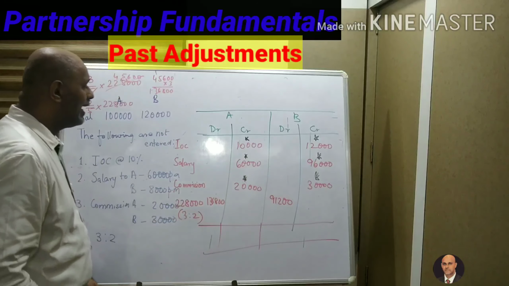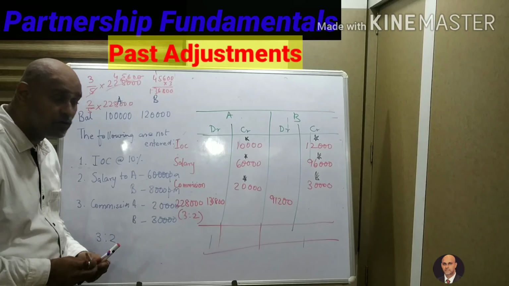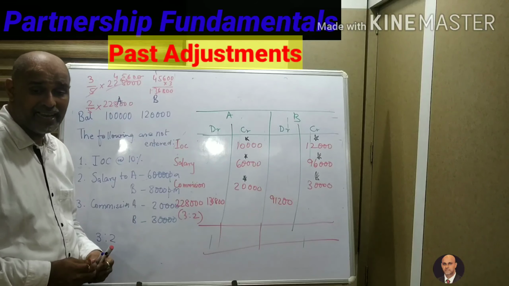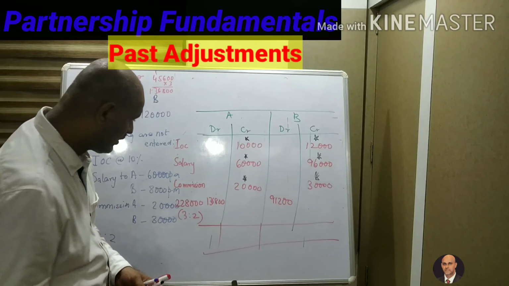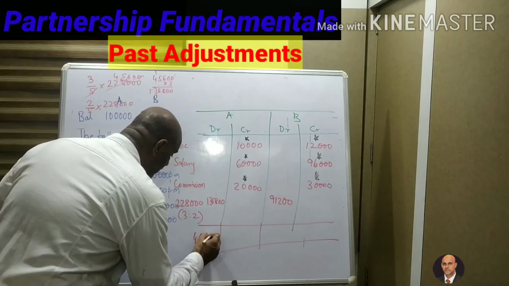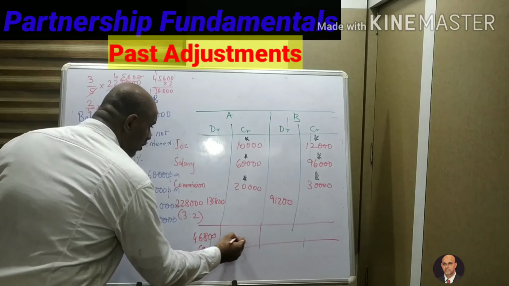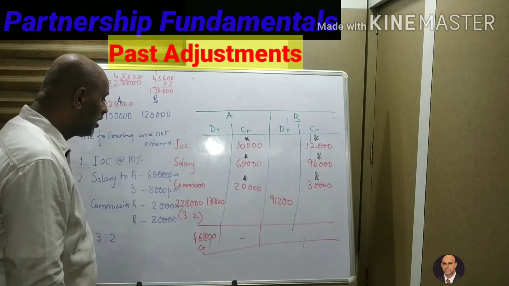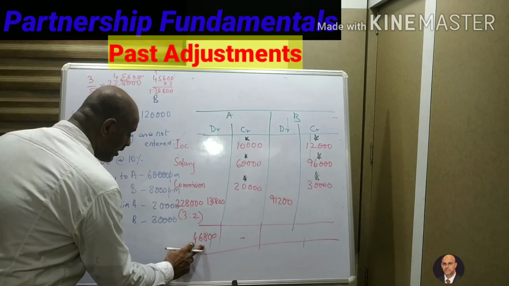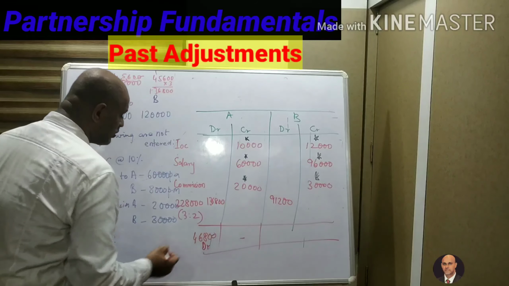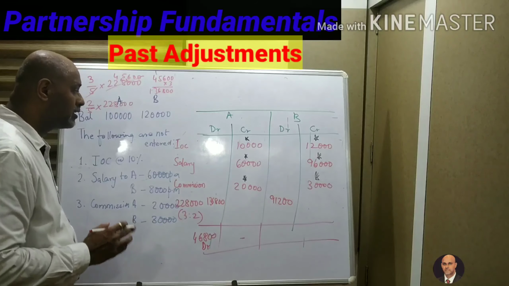If we see, A's credit side is 90,000 and A's debit side is 1,36,800. So the difference is 46,800. Sorry, my mistake. The debit is greater, so it should be 46,800 on the debit.